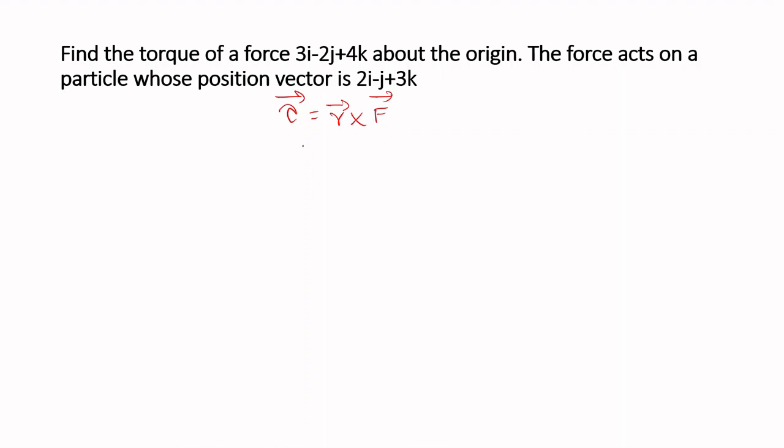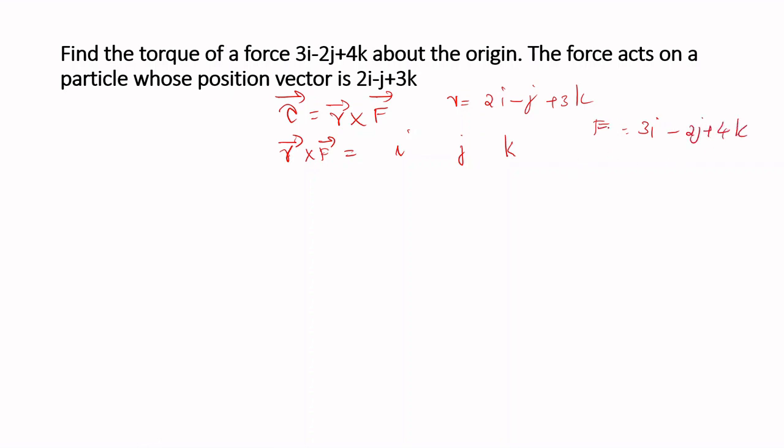In the previous video I have shown you the method of determinants to find the cross product. So in that, for R cross F, we have to write the coefficients underneath the i, j, k vectors. R is here 2i minus j plus 3k, and F is here 3i minus 2j plus 4k.